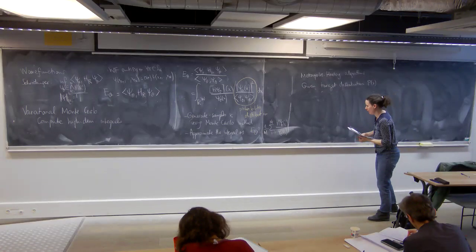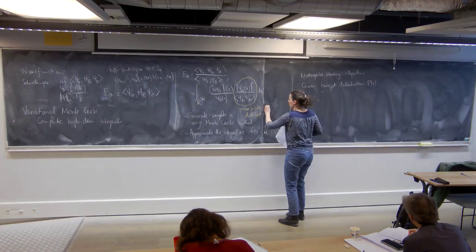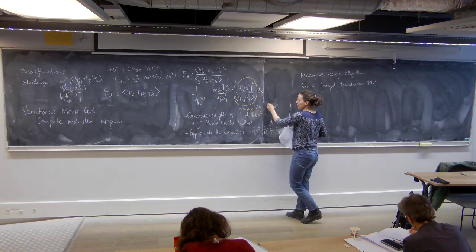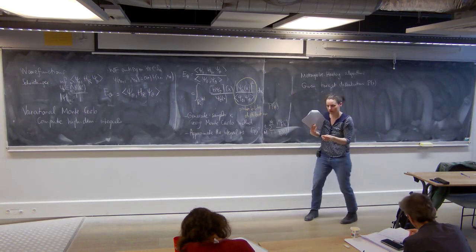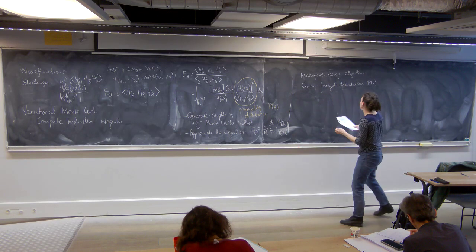In our case, the probability distribution we want to sample is exactly this, the modulus square of the wave function.